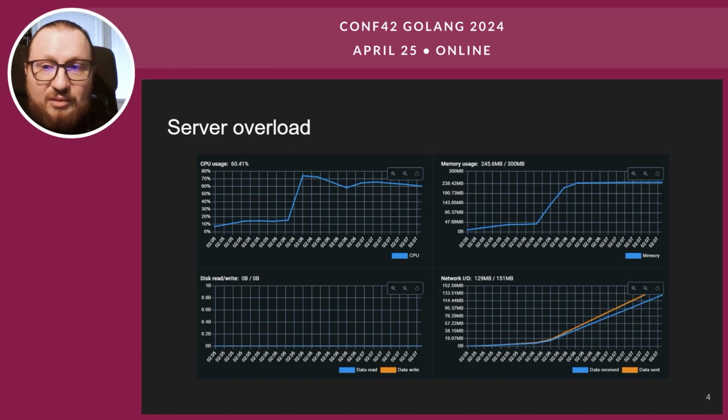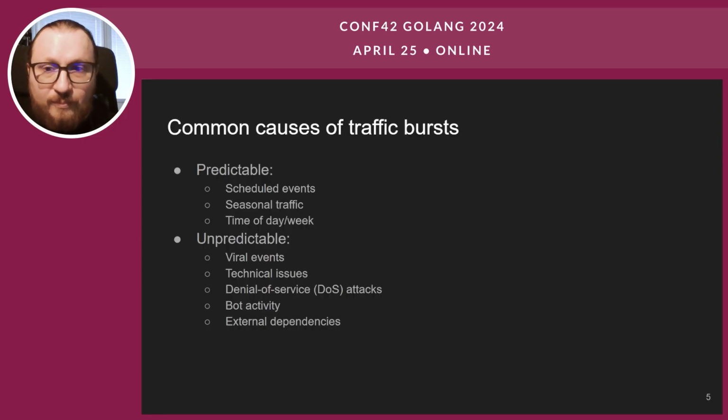Now let's explore situations where a surge of traffic can occur. Traffic bursts can occur due to various reasons, both predictable and unpredictable. For predictable reasons, there could be different scheduled events or planned events like product launches, sales promotions, marketing campaigns, or even regular peak hours can lead to a surge in traffic as users try to access the service or website simultaneously.